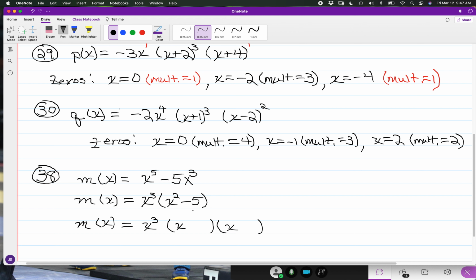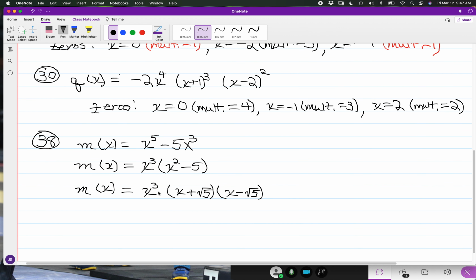In terms of perfect squares, 5 is just the perfect square of the square root of 5. With the difference of squares, it's x plus the square root of 5, as well as x minus the square root of 5. So this is an outlier because from the start, we've been looking at factoring out integer coefficients, and this time this pattern is broken thanks to this last problem.